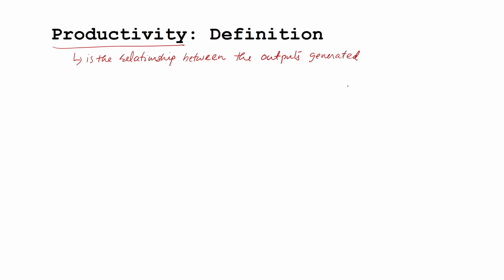Okay. So productivity is the relationship between the outputs generated from a system and the inputs that are used to create those outputs.